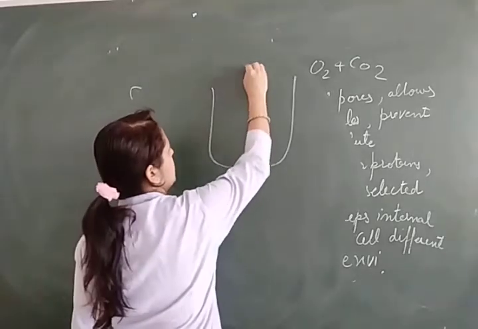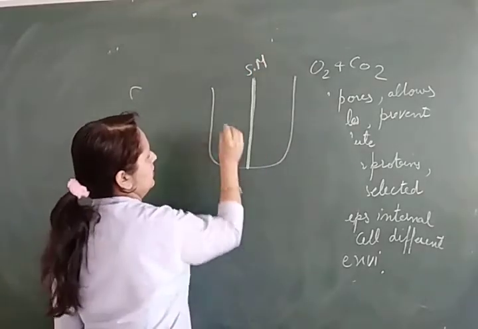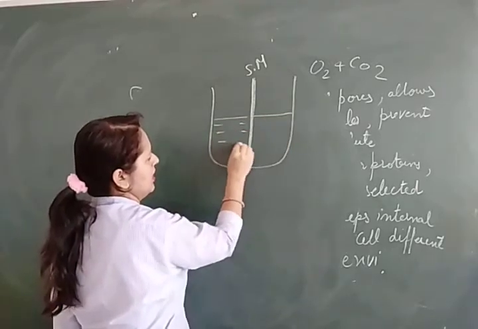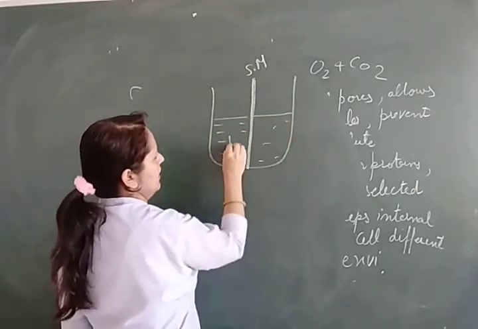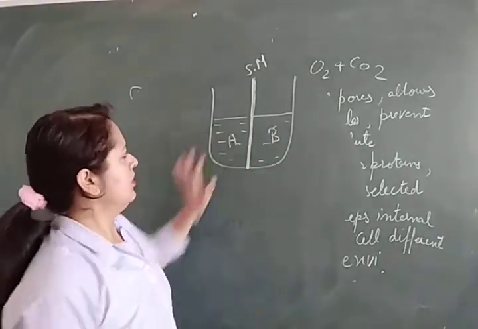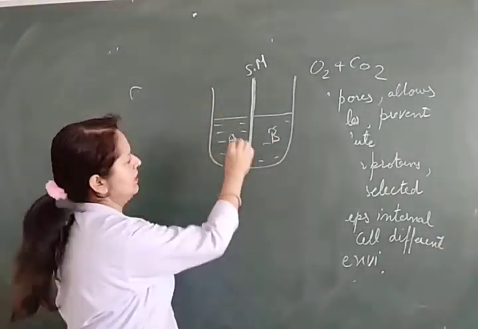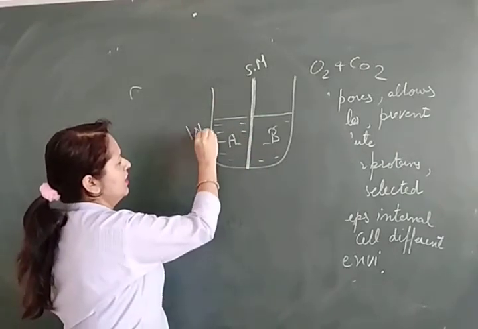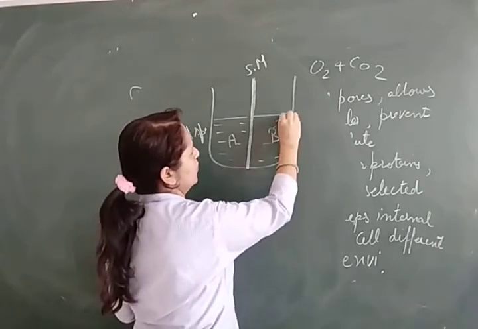Okay, so this is a semi-permeable membrane. Take water in equal amounts in both A and B. This is compartment A, this is compartment B. Then put a spoon of salt in compartment A. We add only 1 spoon here and we add 3 spoons here.